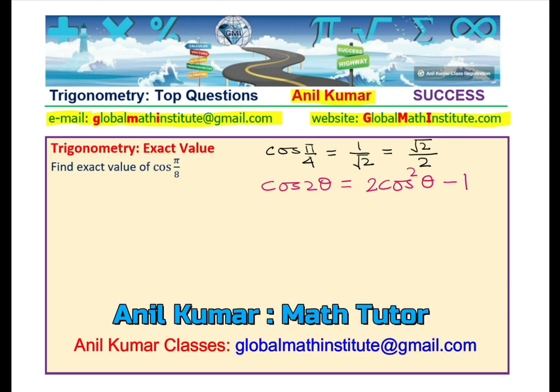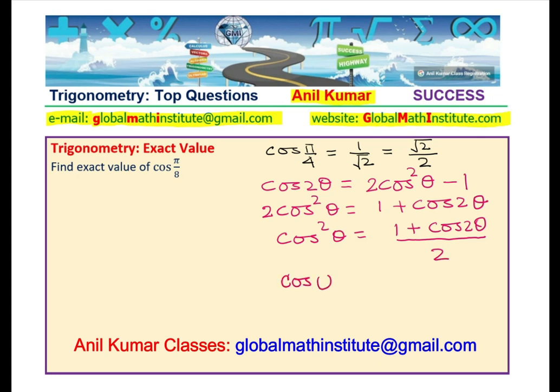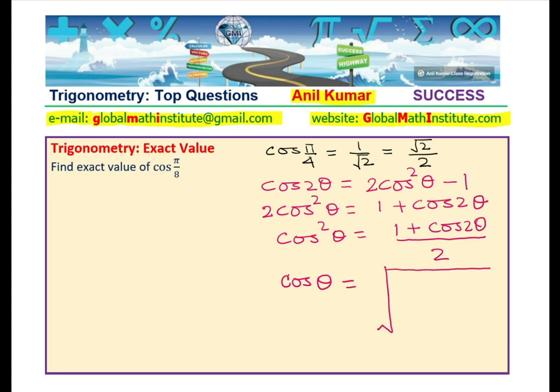We can rewrite this as 2 cos square theta equals 1 plus cos 2 theta, and then find the value of cos square theta as half of 1 plus cos 2 theta. And definitely cos theta will in that case equal the square root of (1 plus cos 2 theta) over 2.